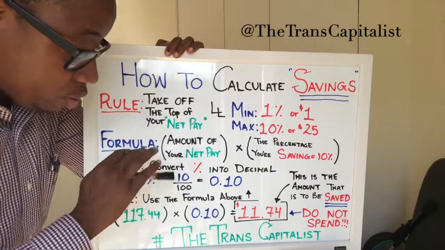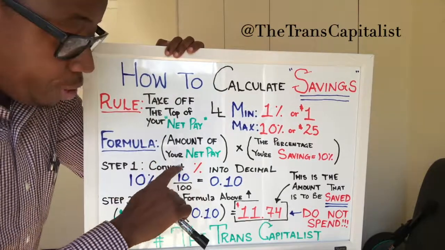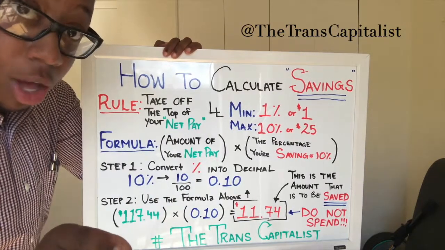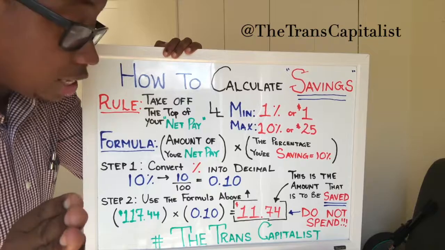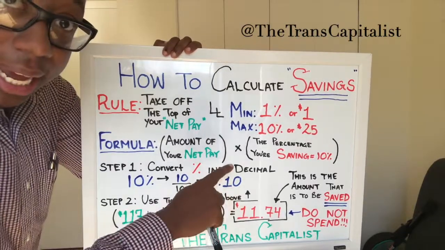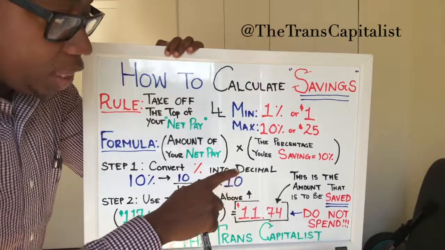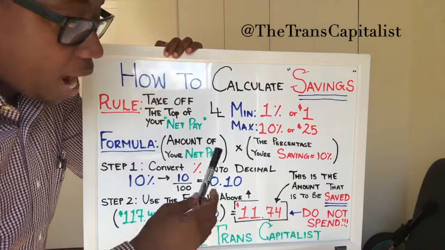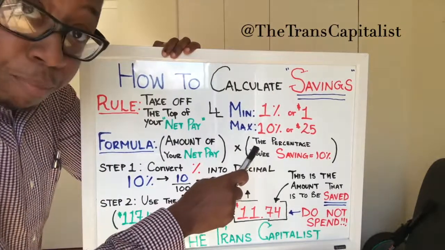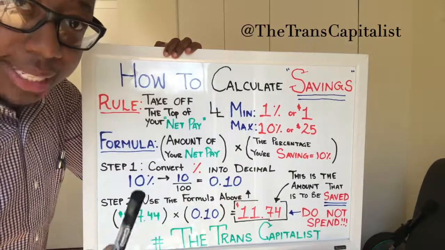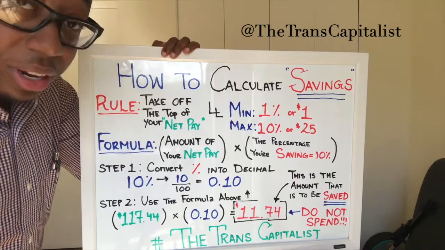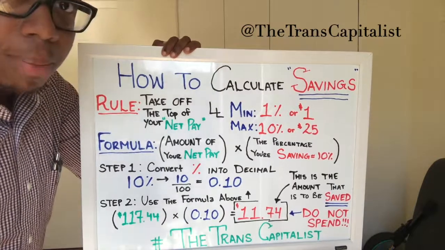Remember this. You're going to take the amount of your net pay, aka the amount that you receive from your job or whatever income from the places that you receive. You times it, aka multiply, by the percentage that you chose to save. So that means you're putting in either the 1% or the 10%. Because if you're just doing $1 or $25, you just subtract that from your net pay.